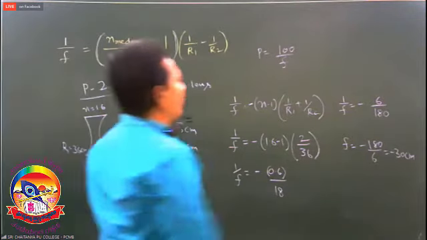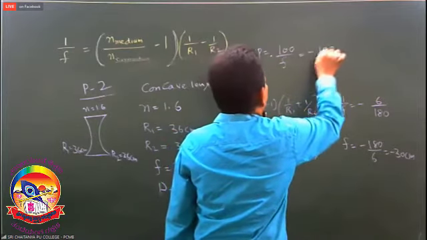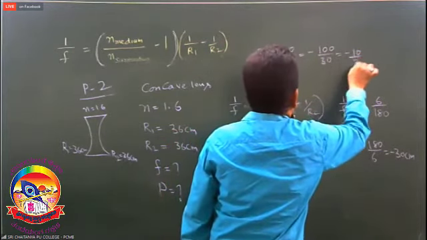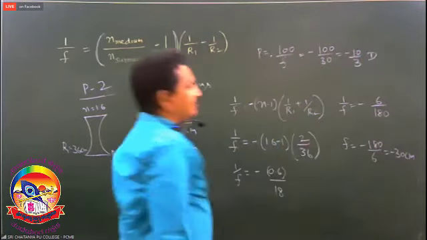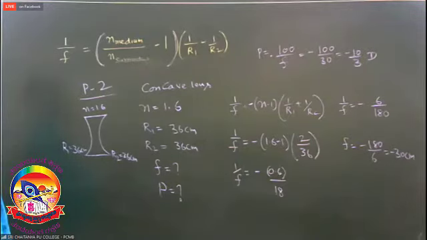This comes out to be minus 100 divided by 30 is equal to minus 10 by 3 diopters, 3.333 diopters. This is the power of the given concave lens.